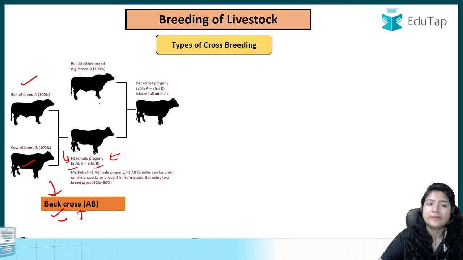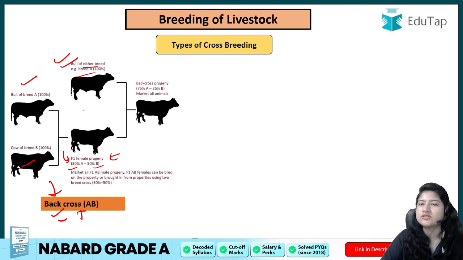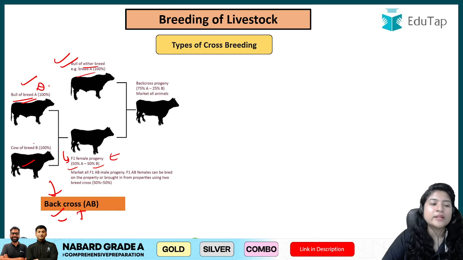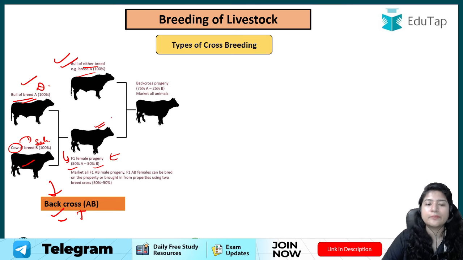So we take the female progeny of F1, and then you take a bull from either breed, either A or B. For example, Deoni was used as bull in stage 1, and here it was Sahiwal, of which the dam or the cow was taken. So in the next stage we will take this particular female F1 breed, right?